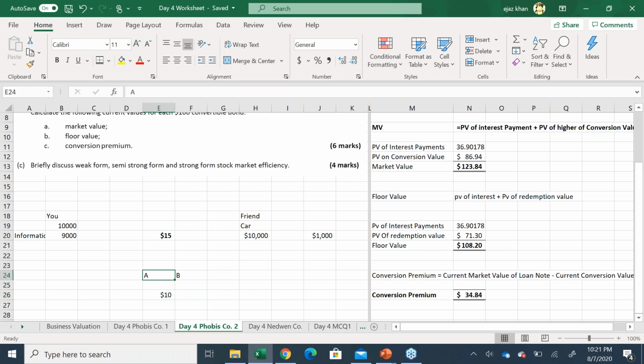Now let's come to another part and see from a theoretical point of view. Okay, A has announced in the newspaper that it is going to take over B, right? The stock market is having a weak form of efficiency, remember, right?